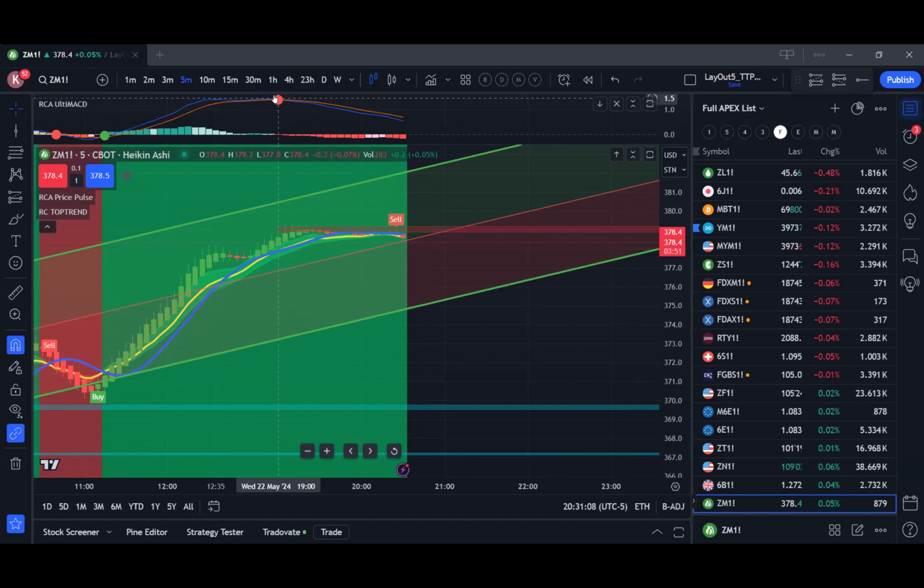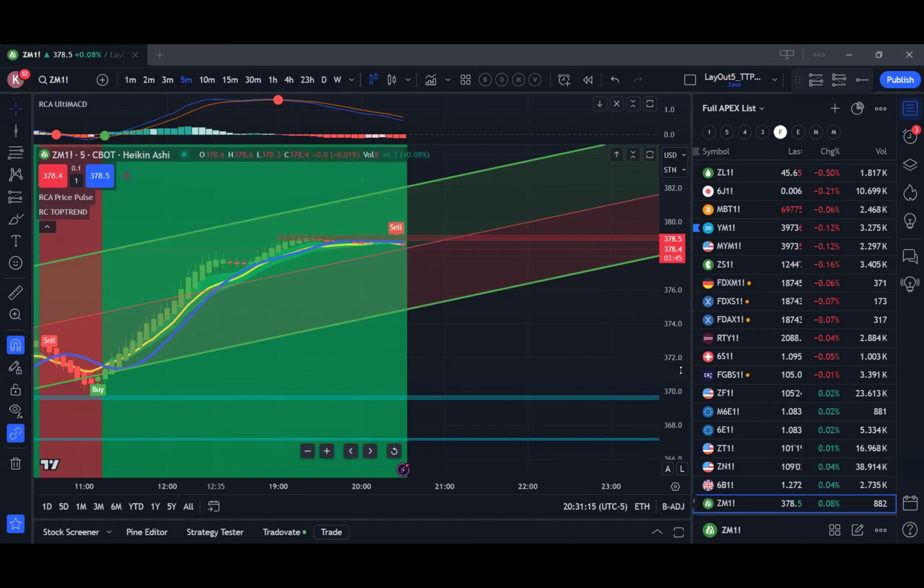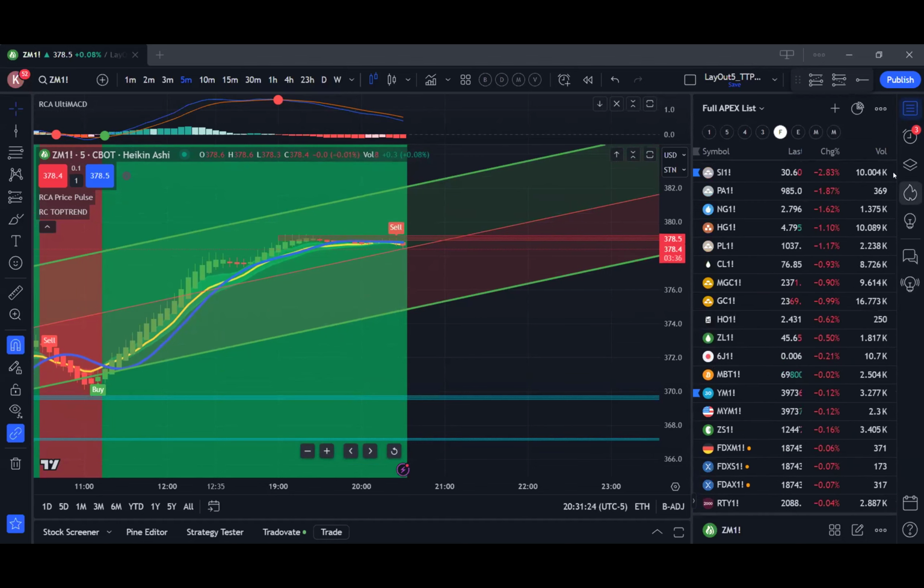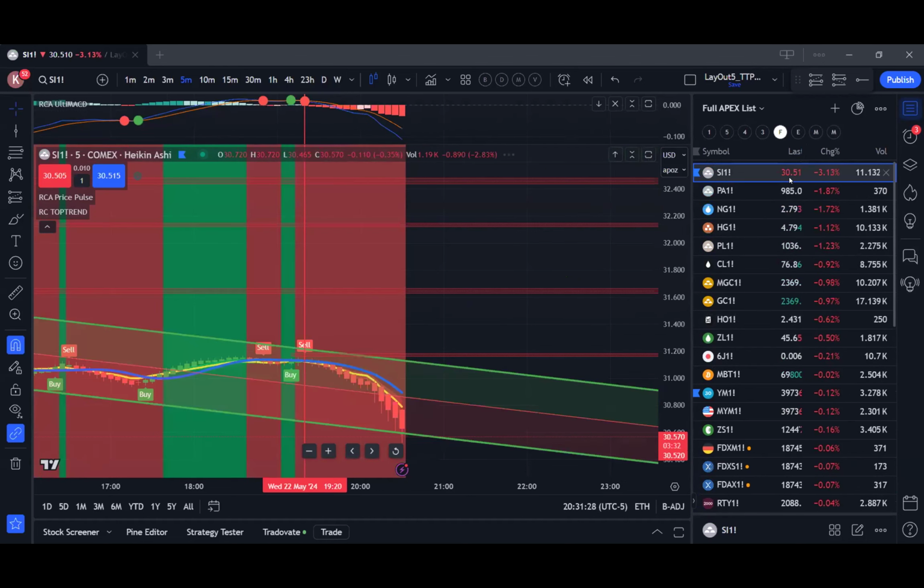As of now, here we got it, but we did not have a sell at that point of time. So when you don't have a proper confirmation, you can just avoid that. Also the volume is very less. Minimum 2000. If you see 2000 volume, that is good. Silver is going like anything.